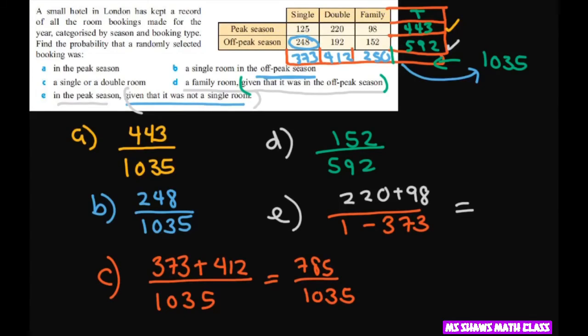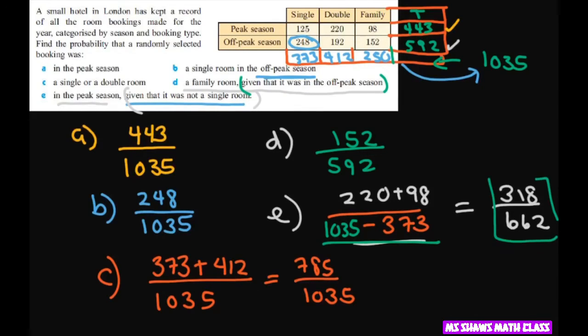So when you add all that up, you're going to get 318, divided by... well, it's actually not 1 minus that. It's actually your total, 1,035. I was thinking of something else. All right, and so that would be your final answer.